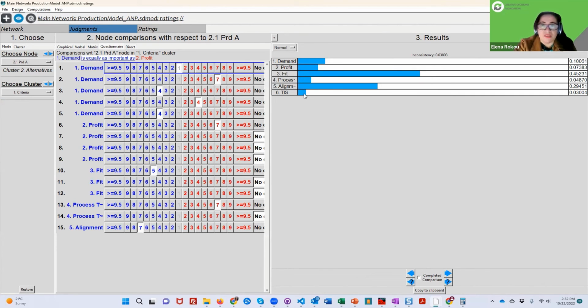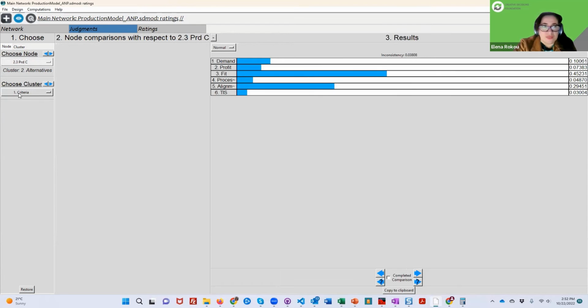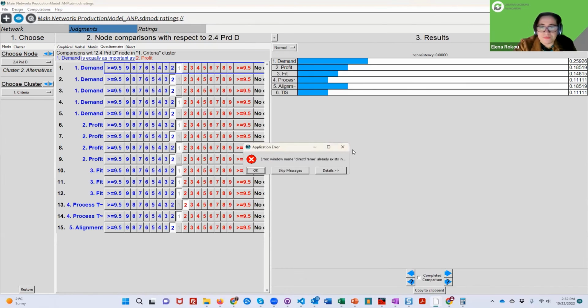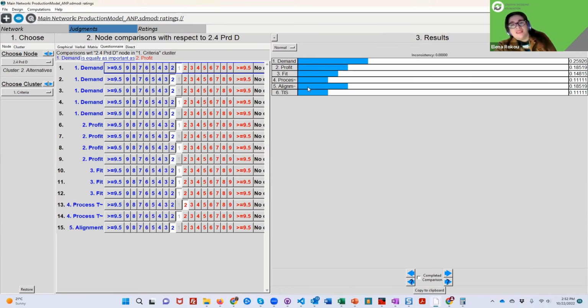Processing time and timing system are not exactly the best characteristics of product A. And if we compare it with product C, then we will see that product D has much higher demand, but not a very good alignment and even worse fit.